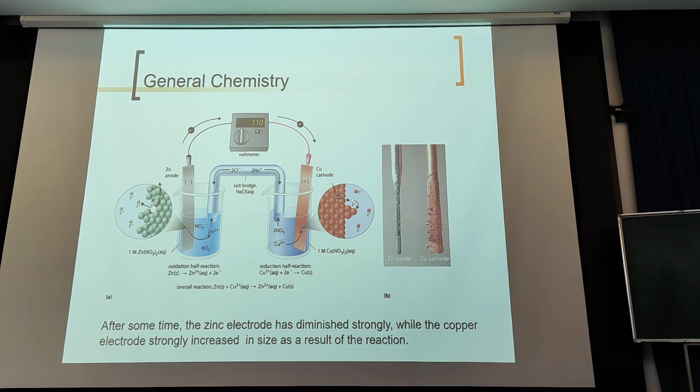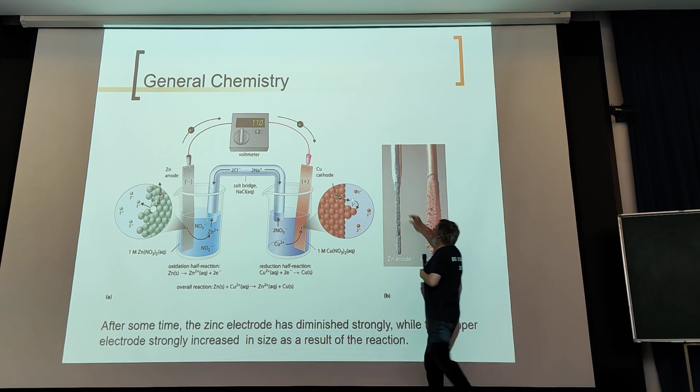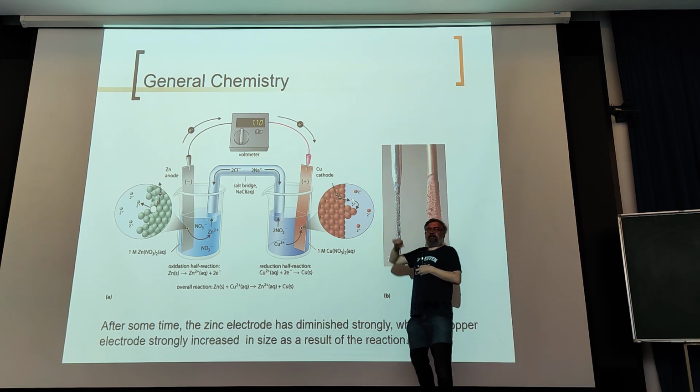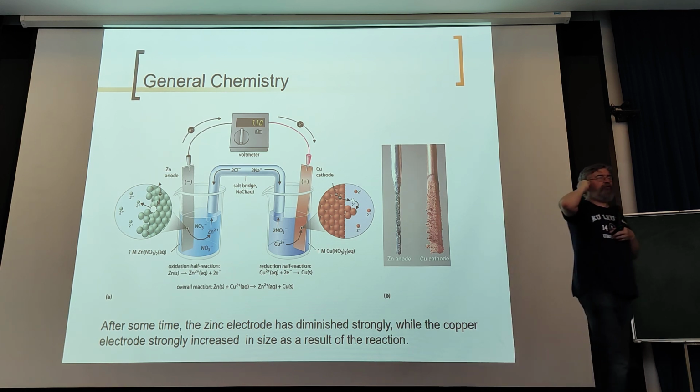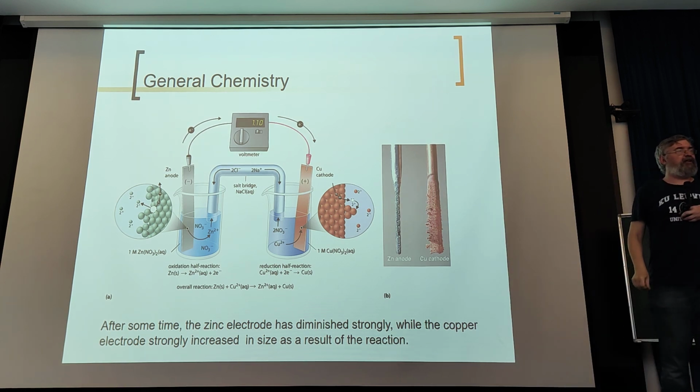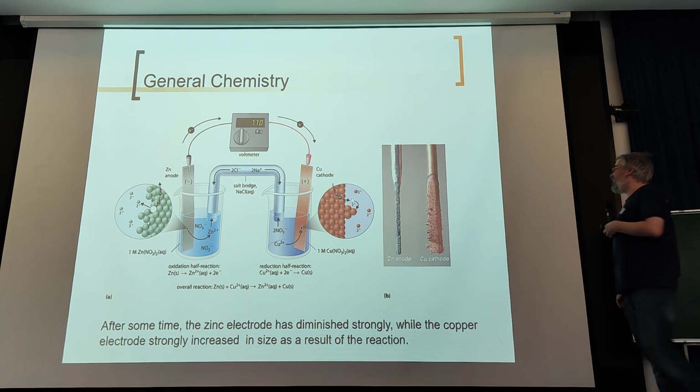You also can see how far the contact of these electrodes with the aqueous solution went. Until here, you see that it's eaten away, and above it is still the normal size, so it was not in contact with the zinc 2 plus solution.